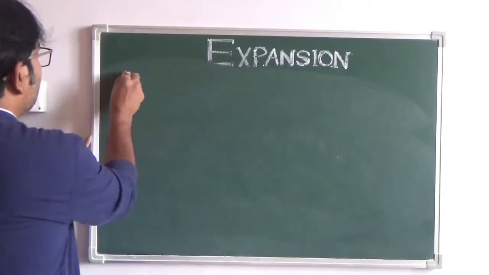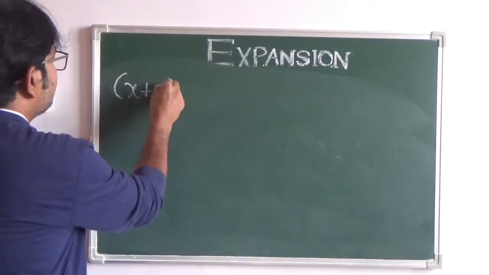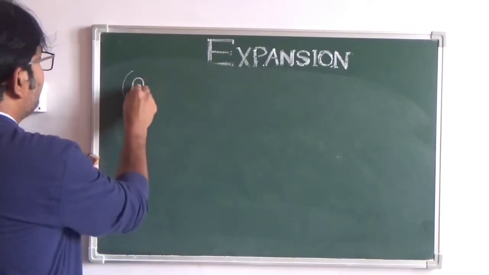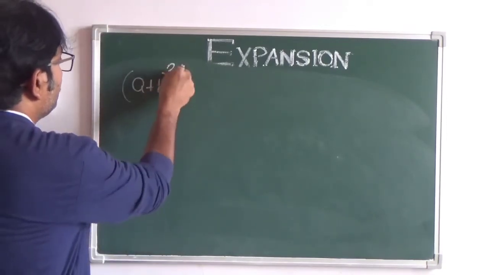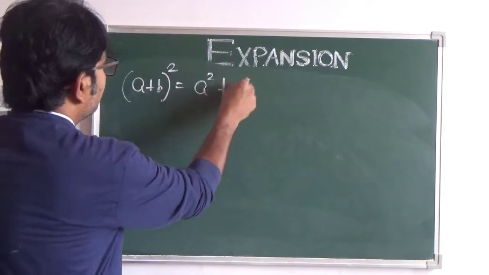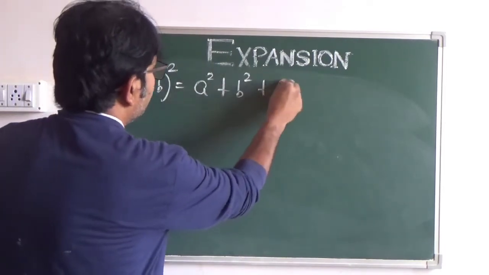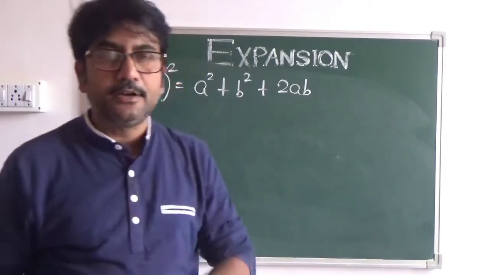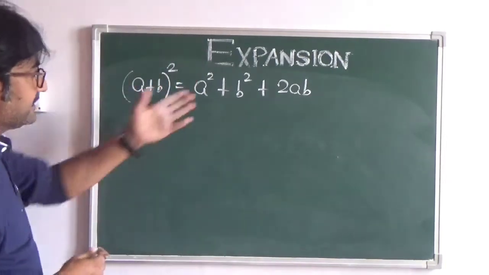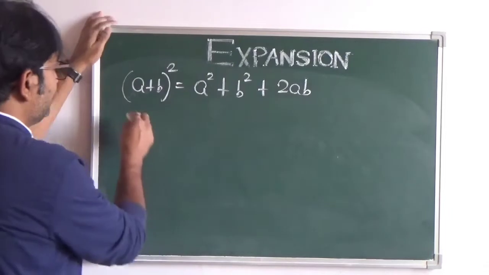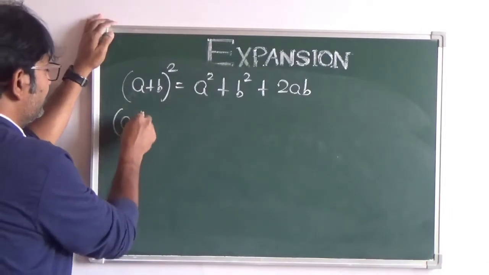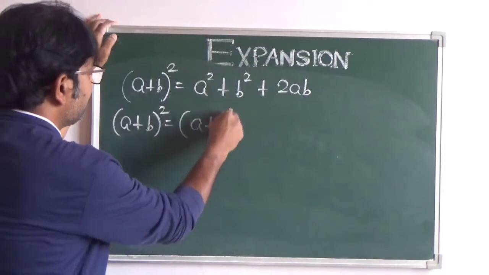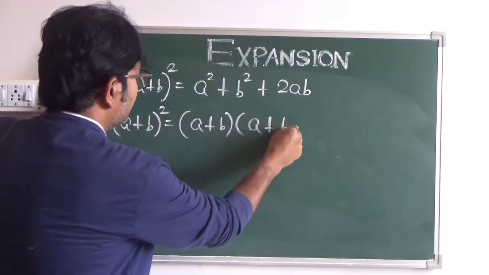(a plus b) whole square is a square plus b square plus 2ab, which we already know. Now how do we arrive at this relation? If we start with (a plus b) square, it can be written as (a plus b) into (a plus b).